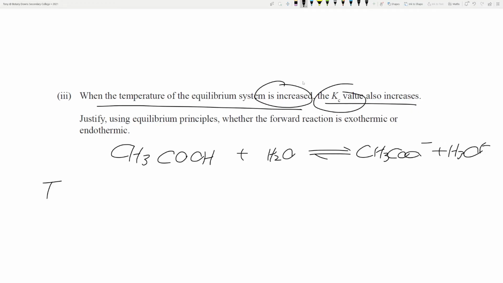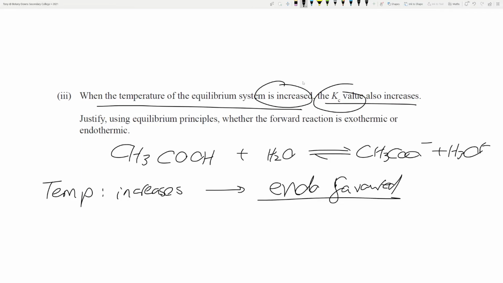You need to break this down into two parts. When temperature increases, we need to favor the endothermic reaction. Why is that? Because we need to absorb the added heat energy.